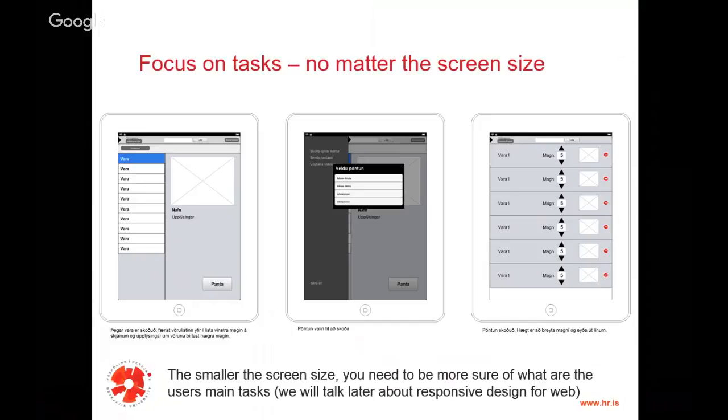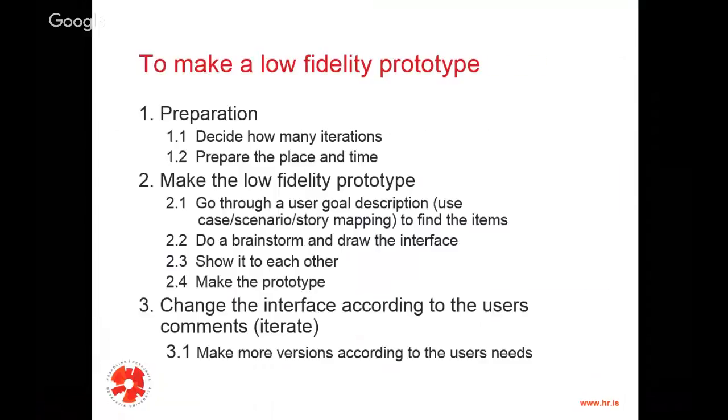And if the screen size is small, if you're designing for a tablet or a GSM, then you need to be even more sure about what is the main task of the user, and in what steps would the user want to do this.